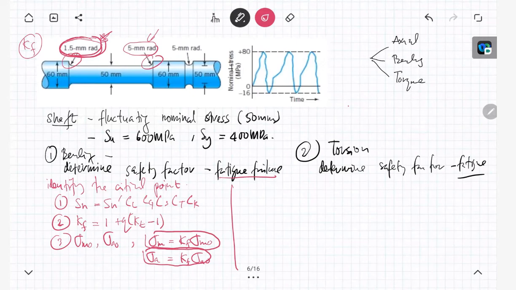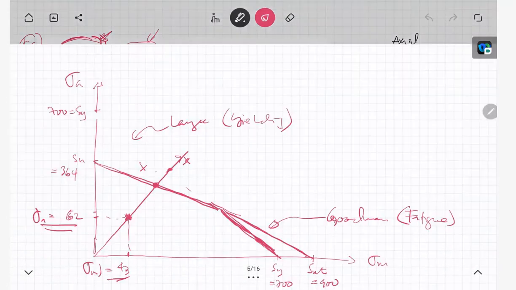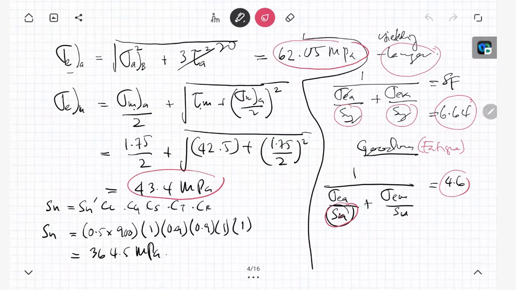Then we could just insert the value into this one. We have this value because it is just one value, there is no combination of values. There's no torsion, no other bending. If there is other bending or torsion combined, then we need to use the equivalent.